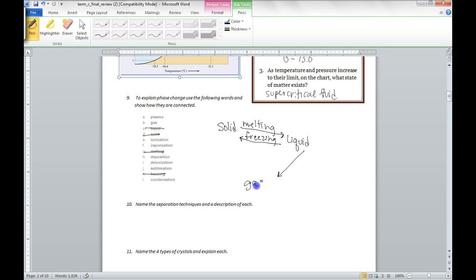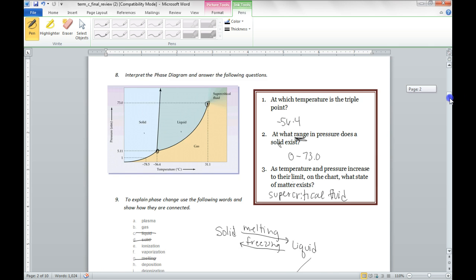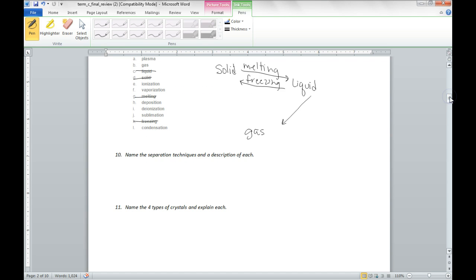Liquid to a gas is going to be evaporation. Gas to a liquid is going to be condensation. Gas to a solid is going to be deposition.